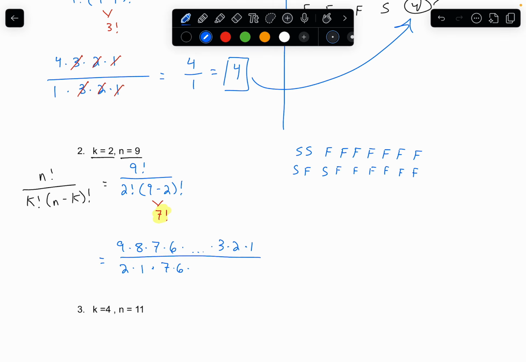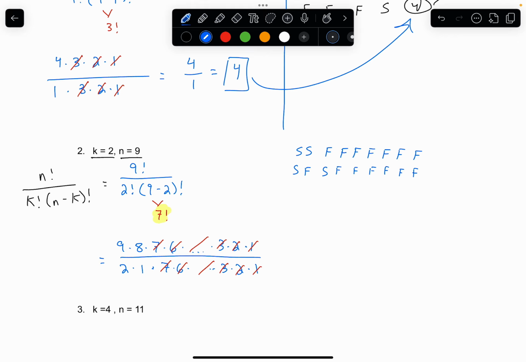But if I want to follow the same pattern that I did up here in my numerator, I'm going to write 7 times 6 times 3 times 2 times 1. I'm skipping a set of numbers here. But I see 7 in my numerator, 7 in my denominator. Those two cancel. 6 in my numerator, 6 in my denominator. Those two cancel. That 5, 4, 3, 2, 1, all of these numbers are going to end up canceling.